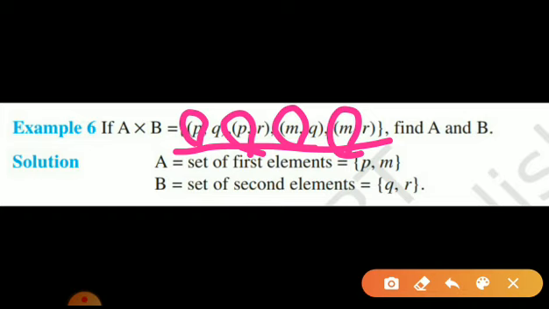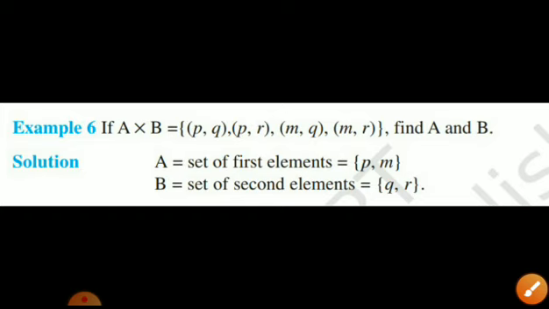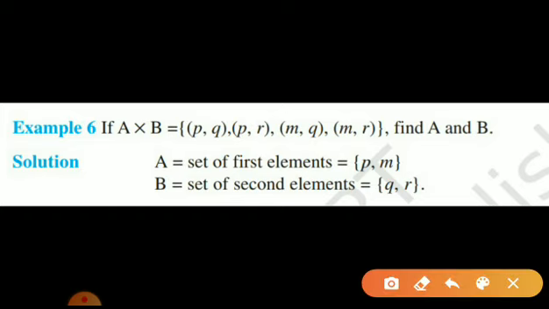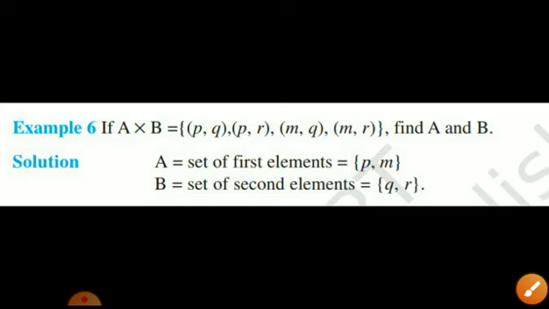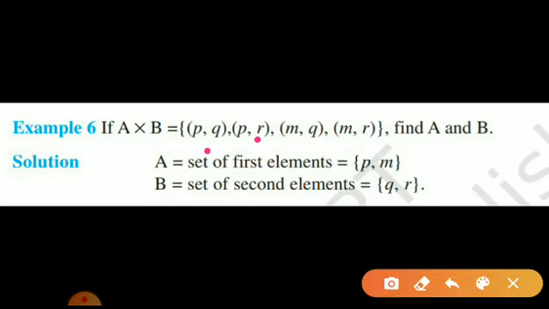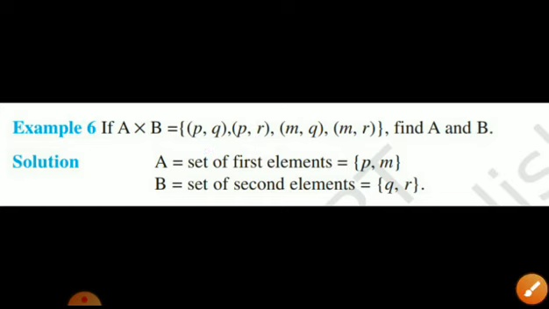Okay, so P, M. So I can say that your A set contains P comma M. Okay, here since it is given A cross B, I have to write A first, the elements of A. Then B, the set of second elements, that means it will be what? It will be Q, R. Okay, Q and R. Clear? Is this clear to you?